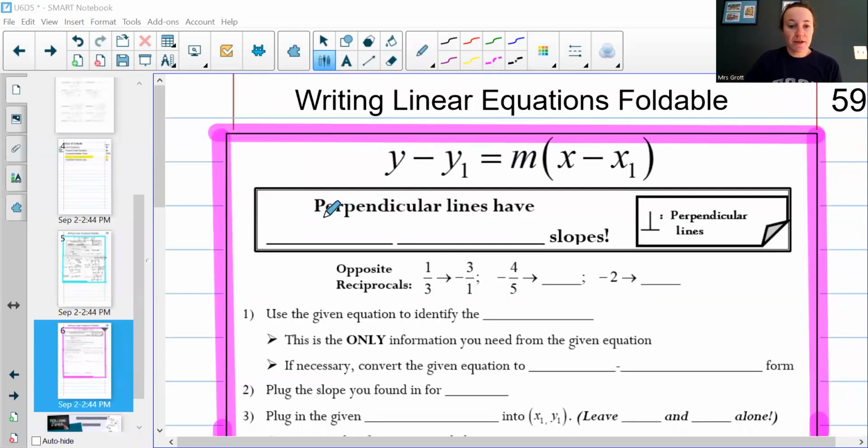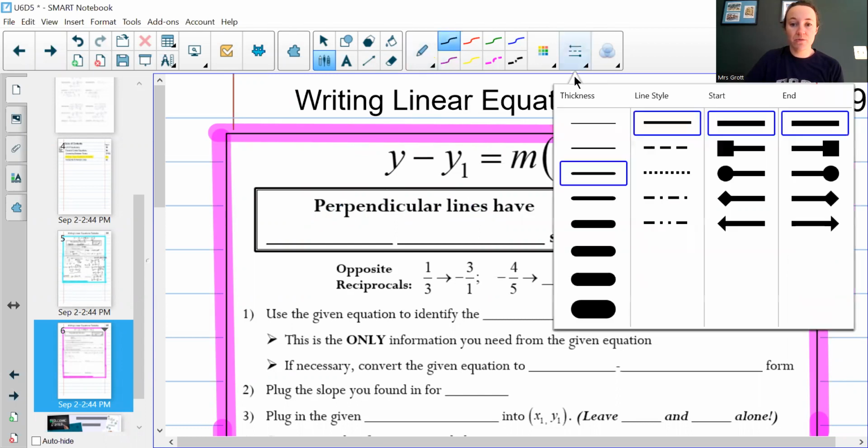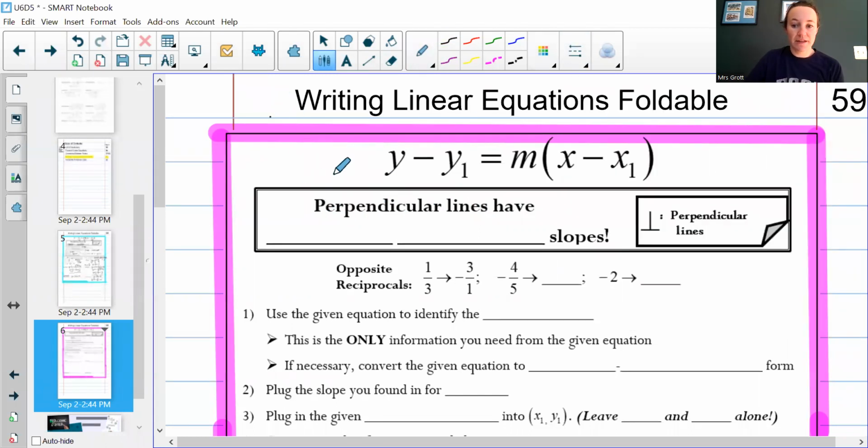The last thing that we're going to talk about, so perpendicular lines. And again, we talked about this during warm-up, but as a reminder, the only thing that's new when writing the equations today, perpendicular lines have opposite reciprocal slopes.